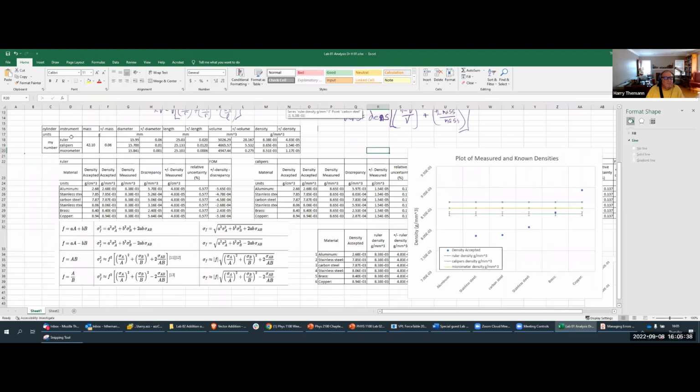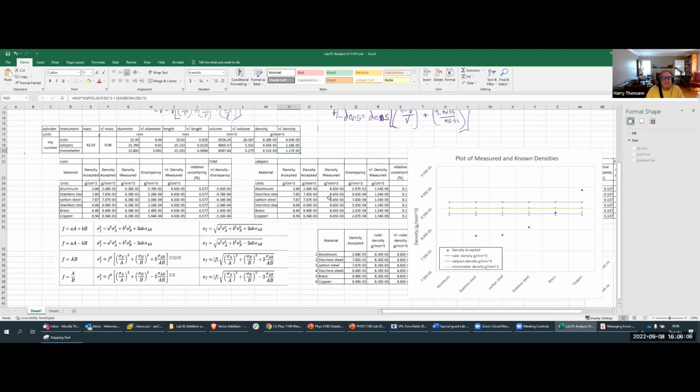First we got the volumes, right? And you look at the plus minuses of the volume, and you're saying, well, wait a minute though. The plus minus on the volume for the micrometer is 20 times better. But my density, the difference between the two density plus minuses is not that much different. It's not 20 times better.